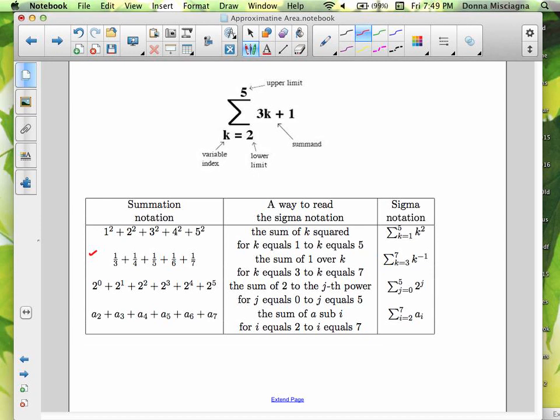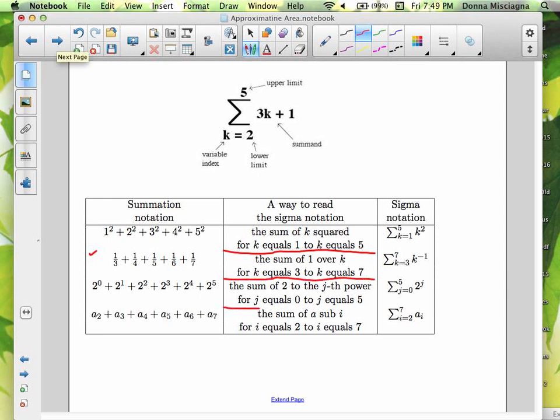Right, so on the third one, we have on the right-hand side the formula: the sum of 2 to the jth power for j equals 0 to j equals 5. That's telling us that we're going to start with 0, end with 5, and the formula we're using is 2 to the j. I have to say, when I'm reading these, it's easy to look at the wrong thing because they're over more than one row and there's no capitals in it.